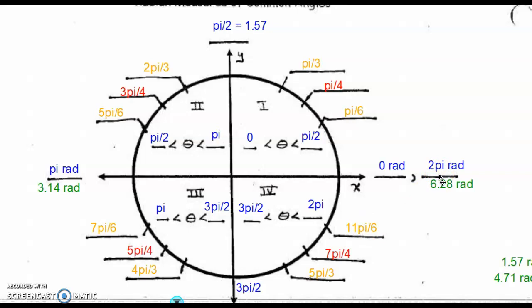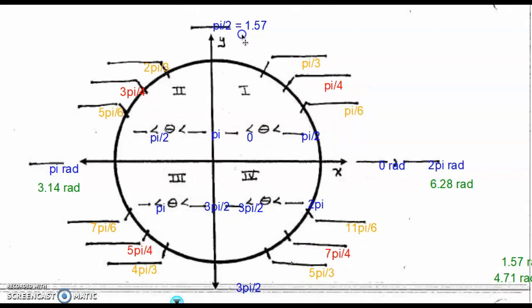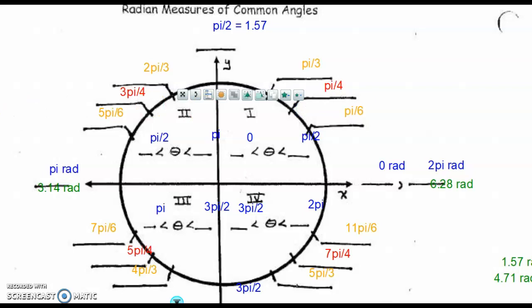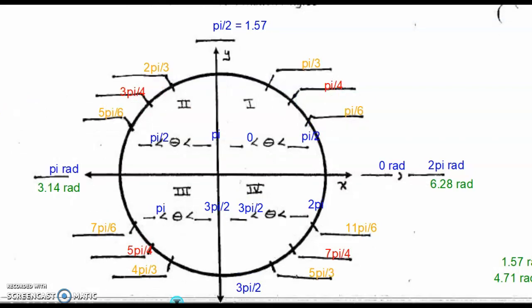This chapter, you are going to get very good with your fractions, how to reduce and things like that. So the orange colors are pi over 6s. The reds are pi over 4s, and the blues are pi over 2s.